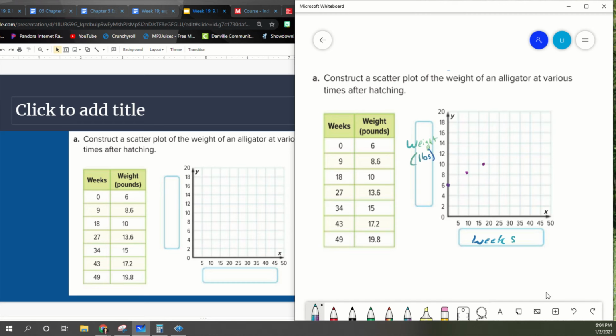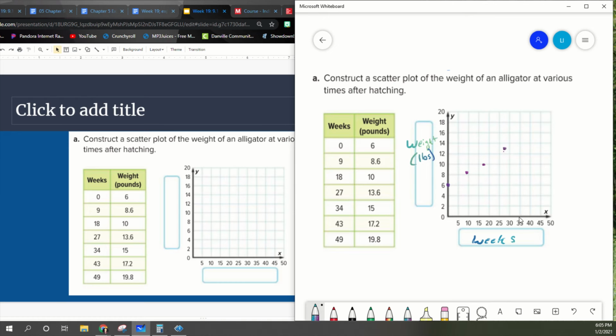But if you accidentally put your point right here, I will still be able to see the trend. Oh, wait, sorry. I was looking at the wrong point. At 27 weeks, we're at 13.6. So probably going to be somewhere right there.